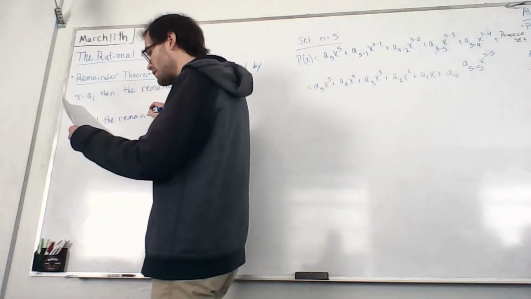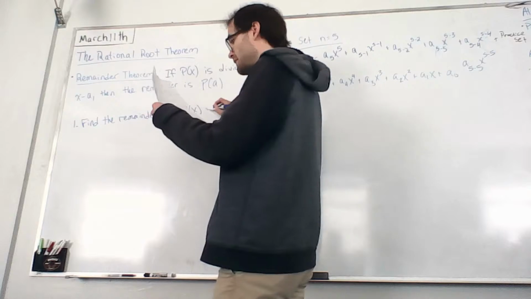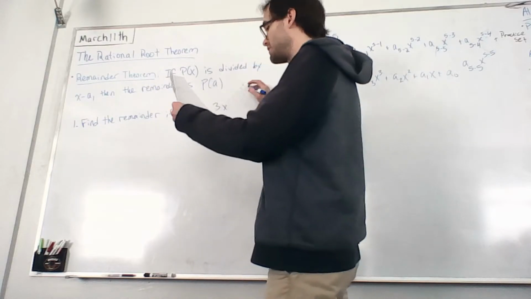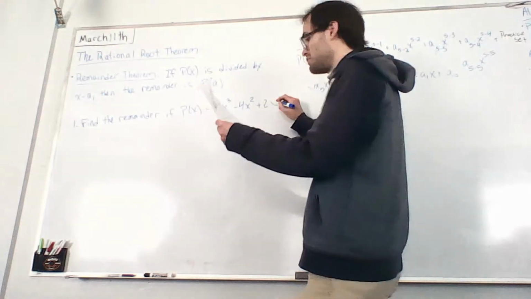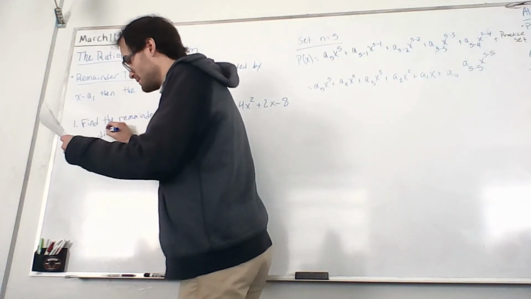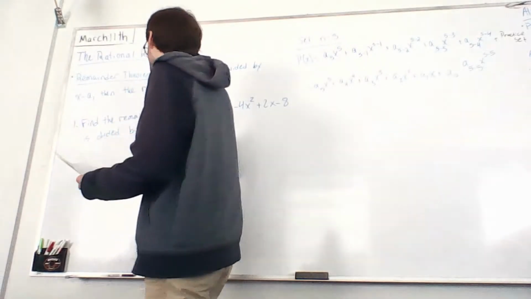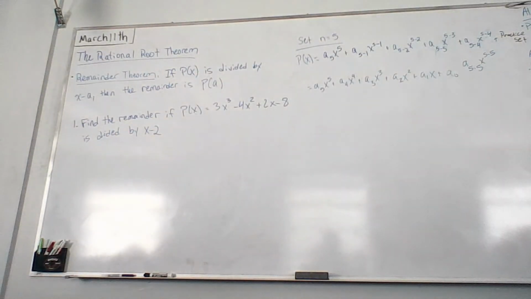Find the remainder if p of x, which will be equal to the following polynomial, plus 2x minus 8, is divided by x minus 2. That is my problem. Write down the remainder.